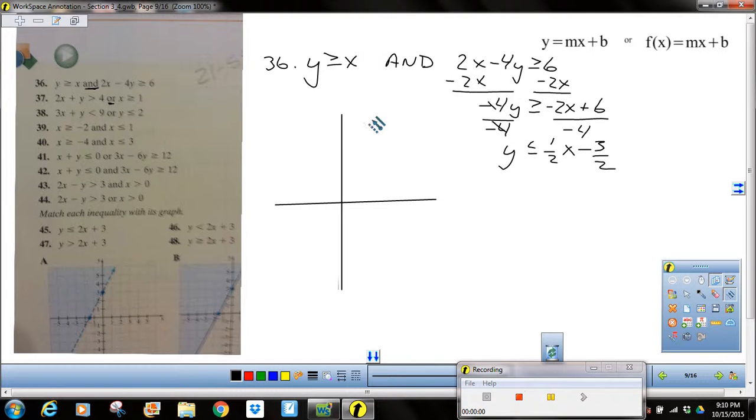Now that I have both lines, this one has a slope of 1, y-intercept is 0. So it's going to start here. It'll go up 1 over 1.